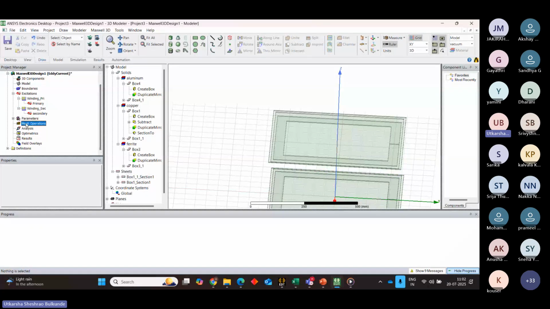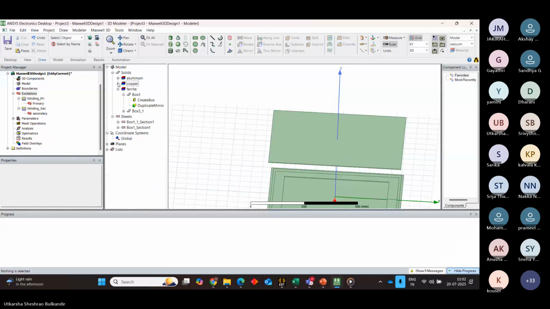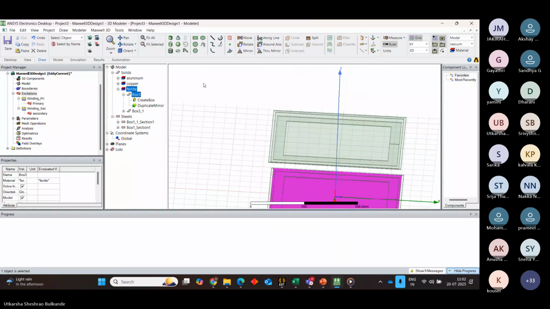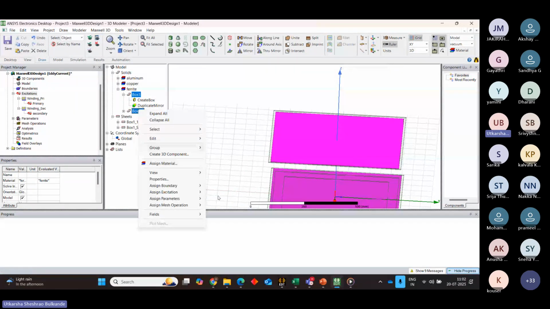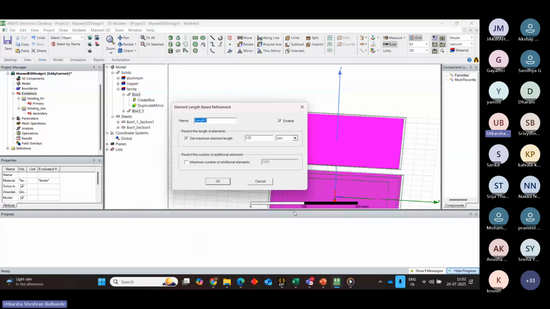Then mesh operation. For ferrite, you need one mesh operation, assign mesh operation, inside selection, length based.